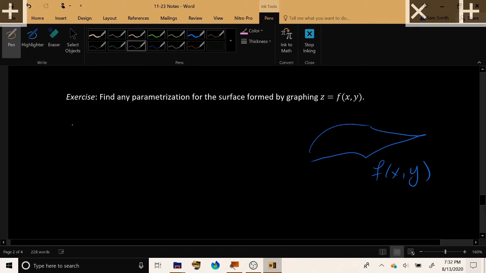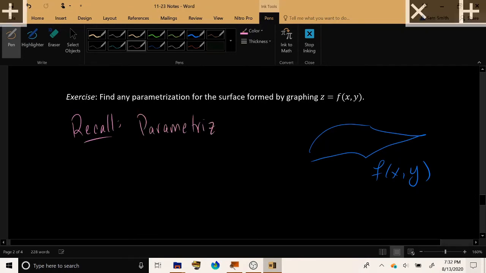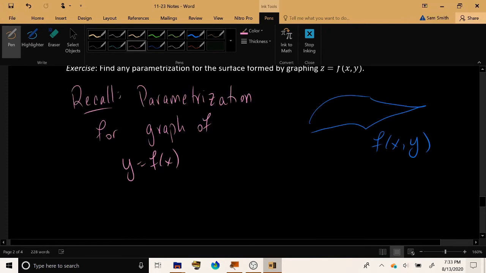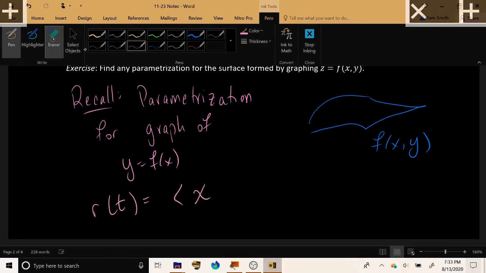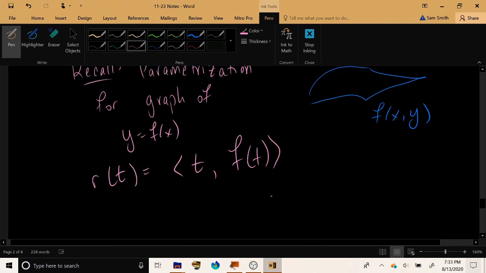Now, do you remember that a parametrization for the curve formed by graphing y equals f of x, there was a quintessential parametrization for that curve, which was to take a parameter t and let t itself represent the x-coordinate, and then plug t into the function f to represent the y-coordinate.